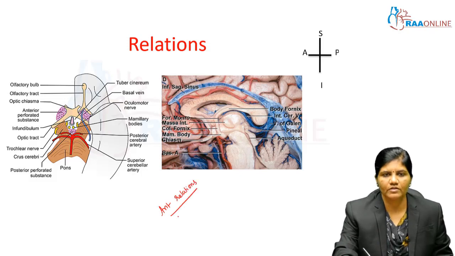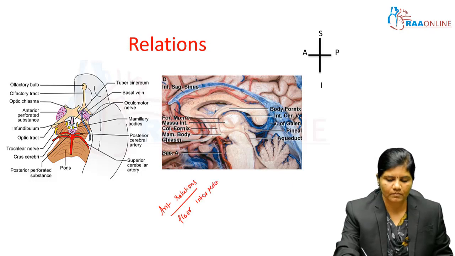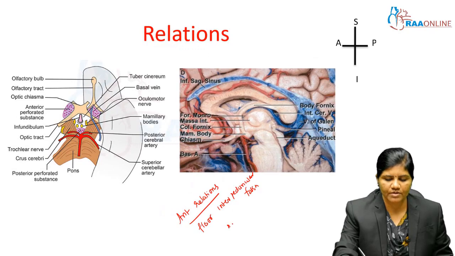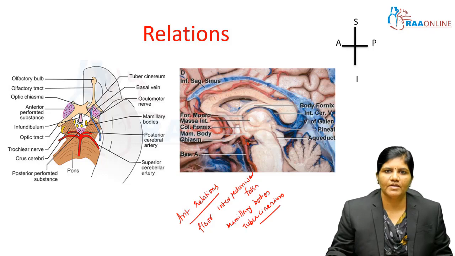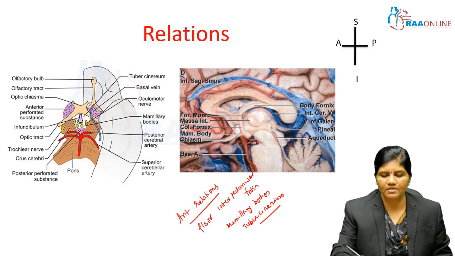The anterior relations are the structures forming the floor of interpeduncular fossa. Those are mammillary bodies and tuber cinereum, as well as the basilar artery.